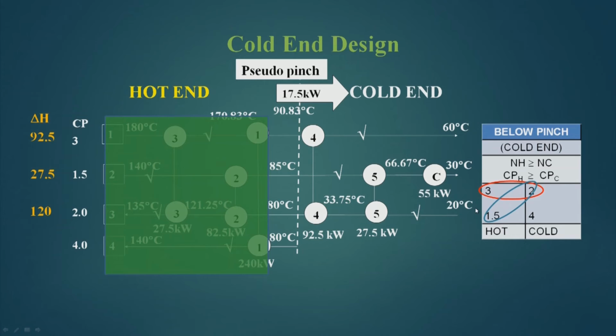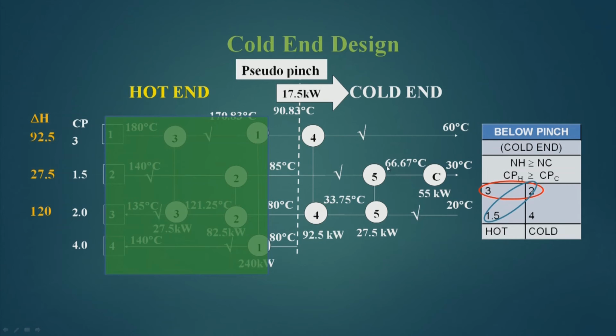So, this match, which is the 2 and 1.5 match, which is heat exchanger number 5, is all right. And being a non-pinch heat exchanger, it did not violate the delta T minimum criteria, otherwise it would have violated if it had been the pinch heat exchanger.